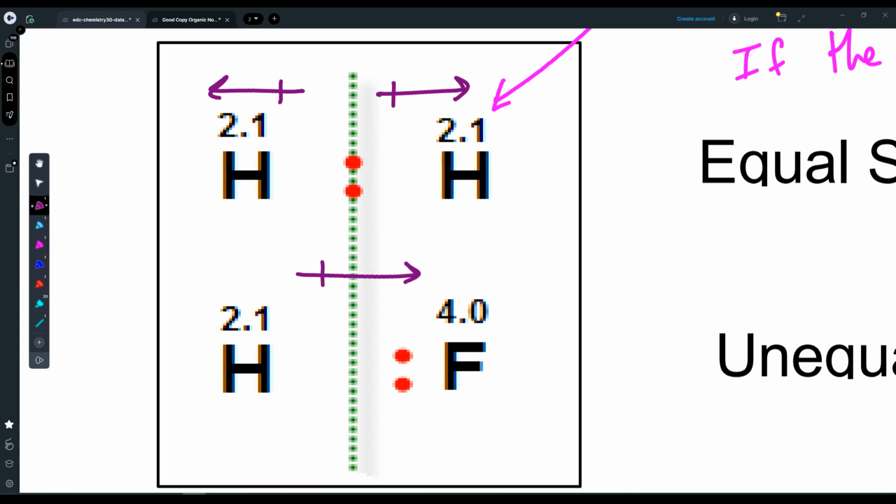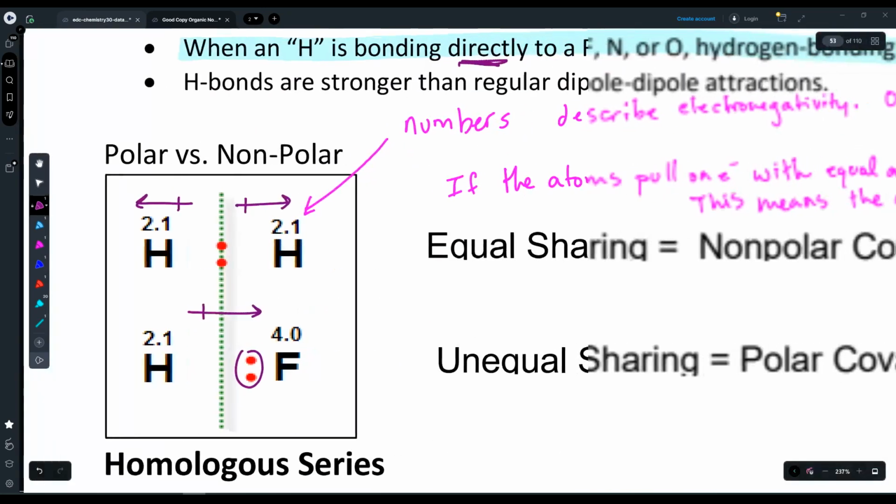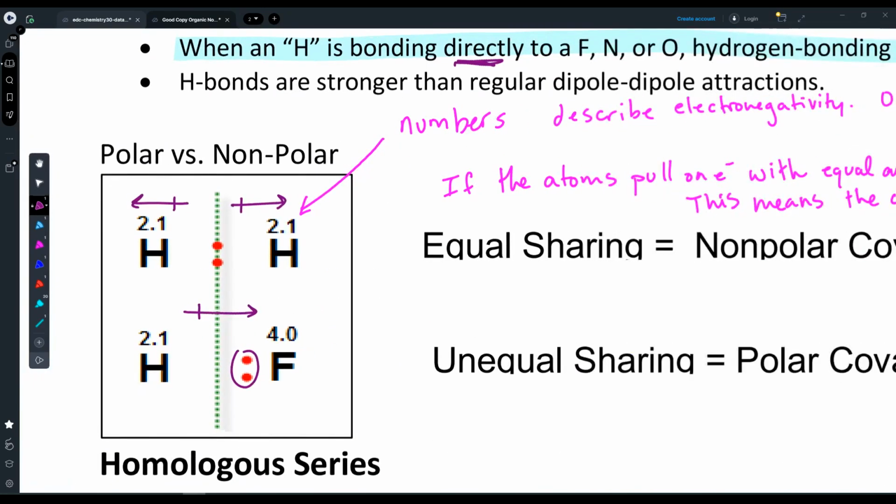As you can see, the electrons are skewed more towards the side of fluorine. These electrons represent the bond between this hydrogen atom and this fluorine atom. Because fluorine is more electronegative, the electrons within the bond are skewed a bit more towards the side that fluorine is on.